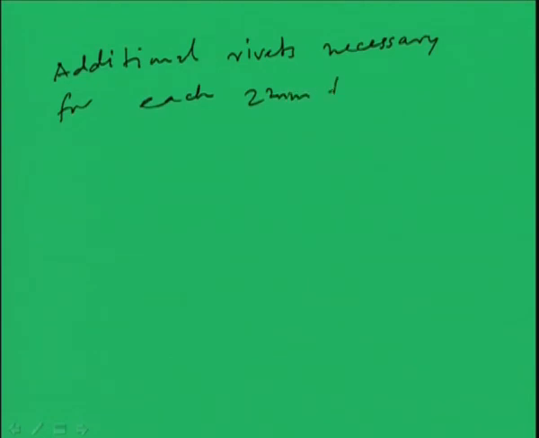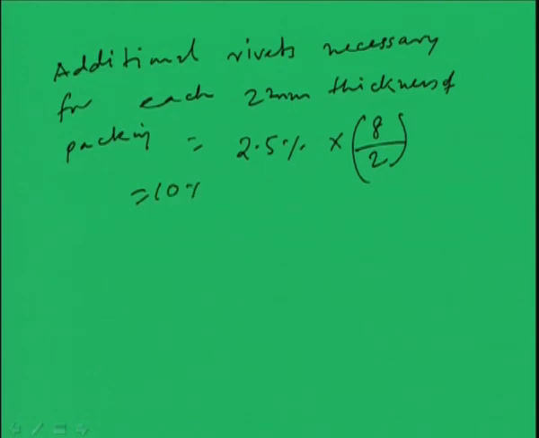So additional rivets are necessary for each 2 mm thickness of packing as per the codal provision, that is 2.5% for each 2 mm packing. So 8 mm was the packing thickness, so 8 by 2, that means 10%. So additional rivets will be required 10%.